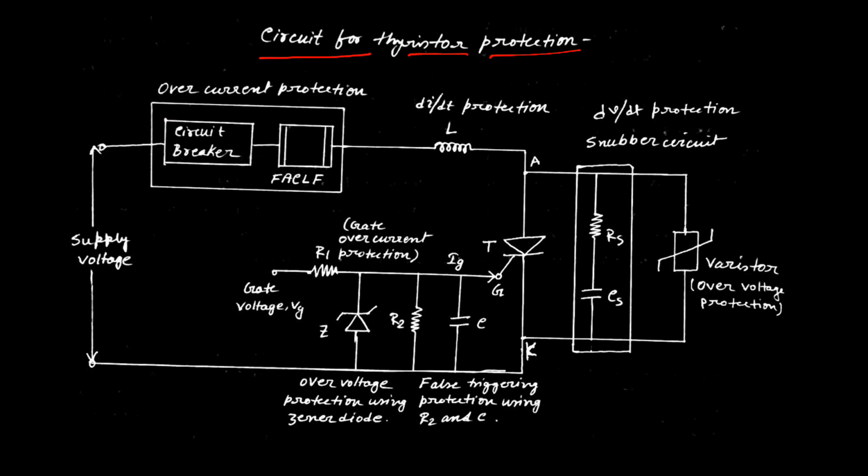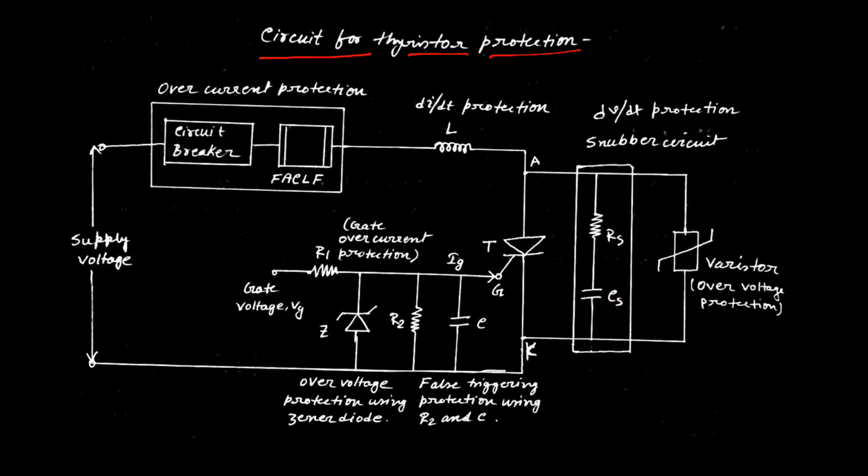Next is di/dt protection, where a di/dt reactor is used. The third one is dv/dt protection, which normally uses the snubber circuit, meaning a resistance RS and a capacitor CS connected in series.